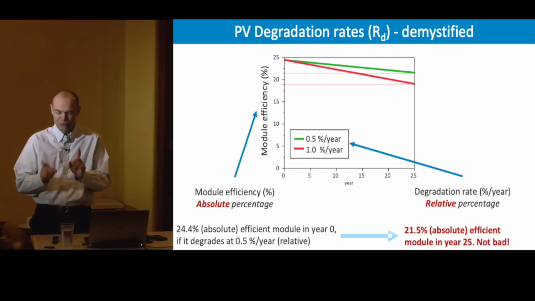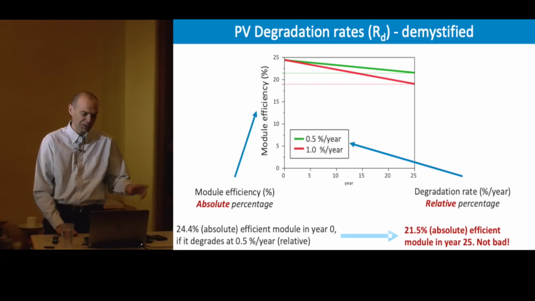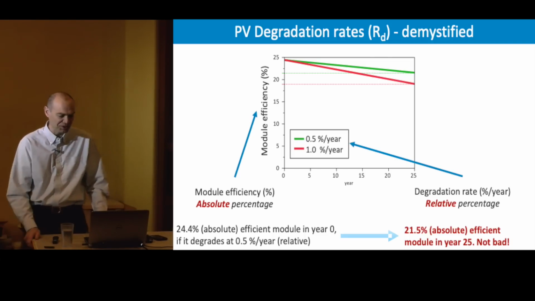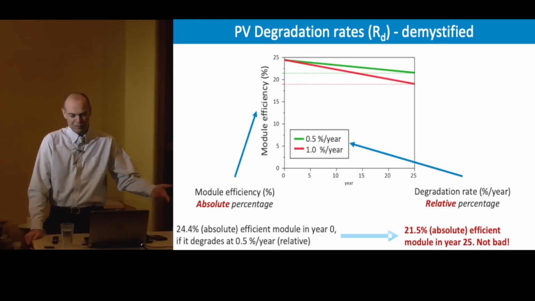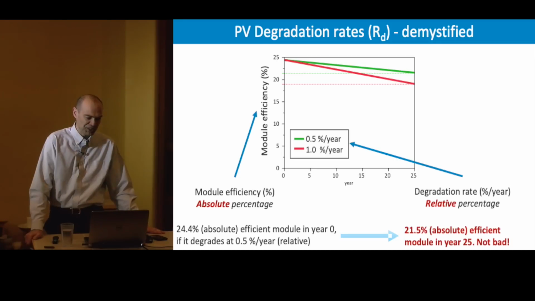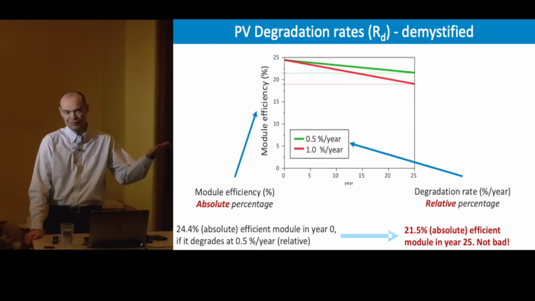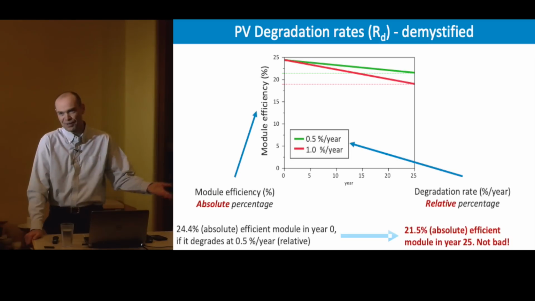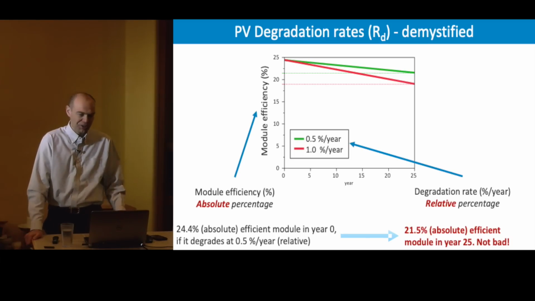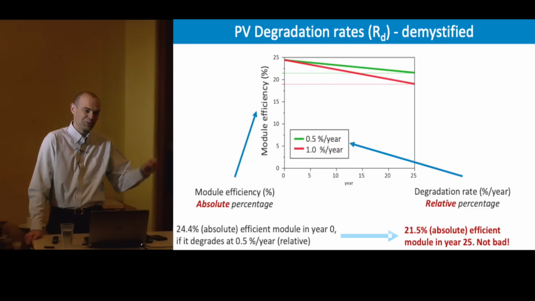And sometimes there's confusion about those because typically we drop the absolute percentage and the relative percentage, just to make it challenging. I've seen my work misquoted where it was said that if you have a 20% efficient module and lose 1% every year, after 25 years you have nothing left. Wrong, because it's 1% relative to the previous year.